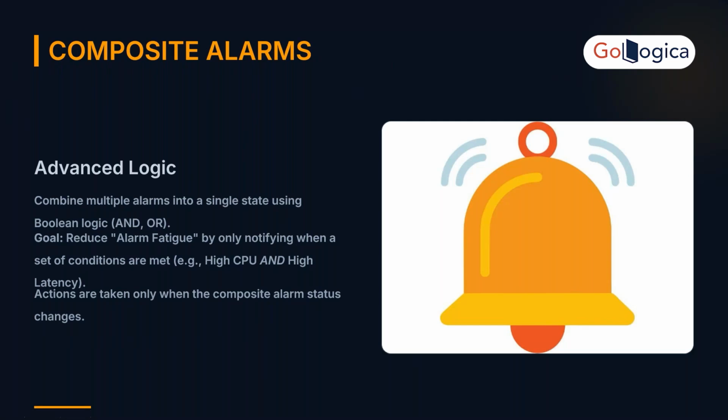So the goal here is to reduce alarm fatigue by only notifying when a set of conditions are met. Like when we go for auto scaling, we don't go for auto scaling just if the alarm breaches for a very short time.